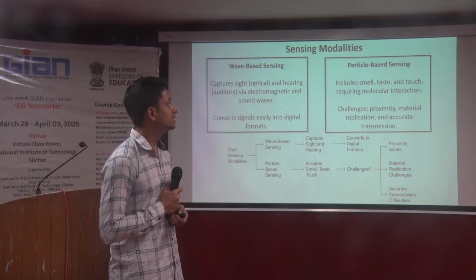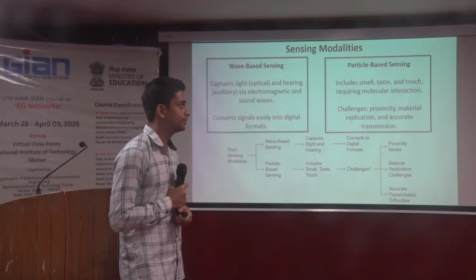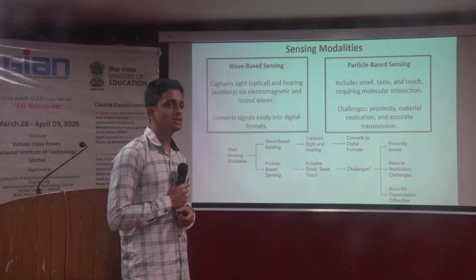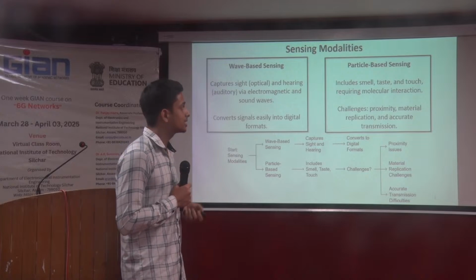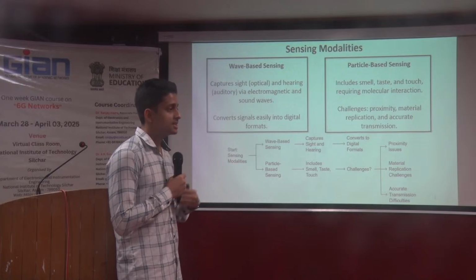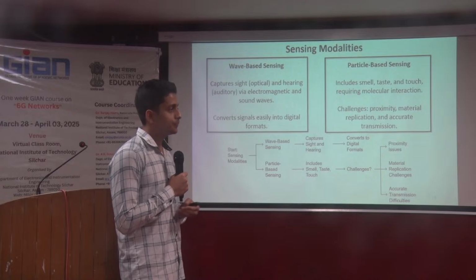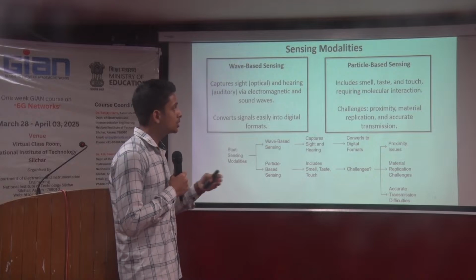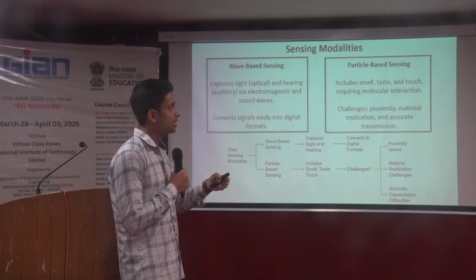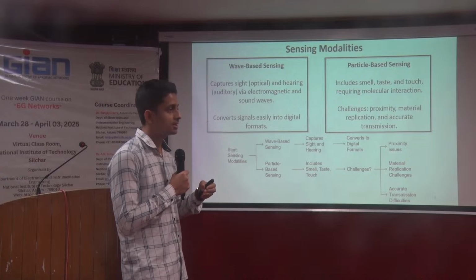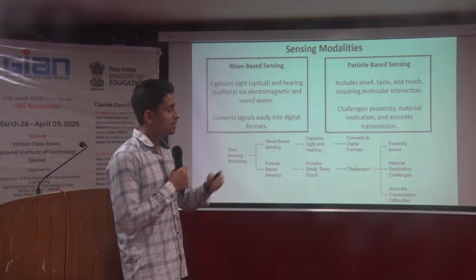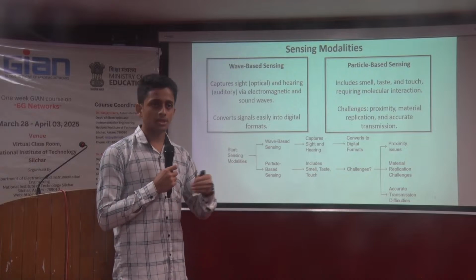In wave based nature, we have optical and auditory. We can transmit these senses of communication using electromagnetic waves, store them, later recognize them through the waves, and distribute them.